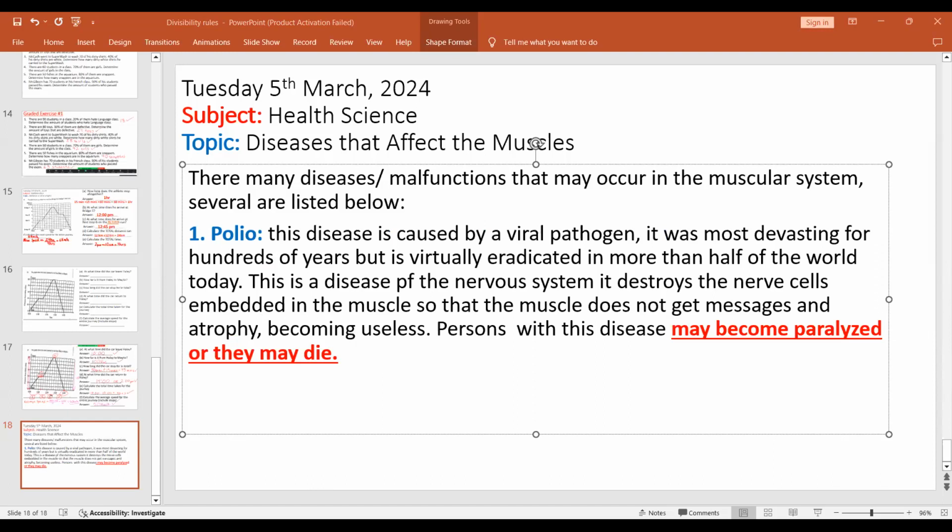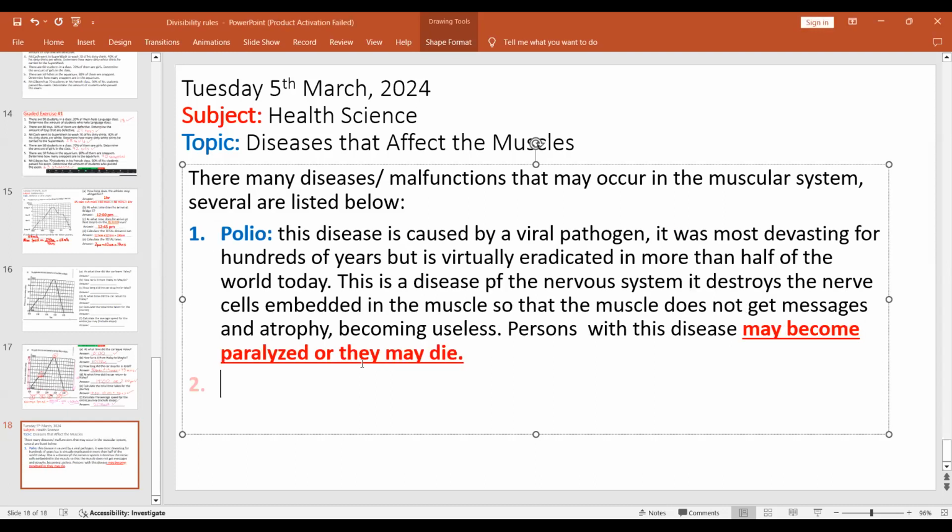Okay, so paralysis happens with people with polio. You become paralyzed, and or you may end up dying. That's not good. It really affects the spinal cord.